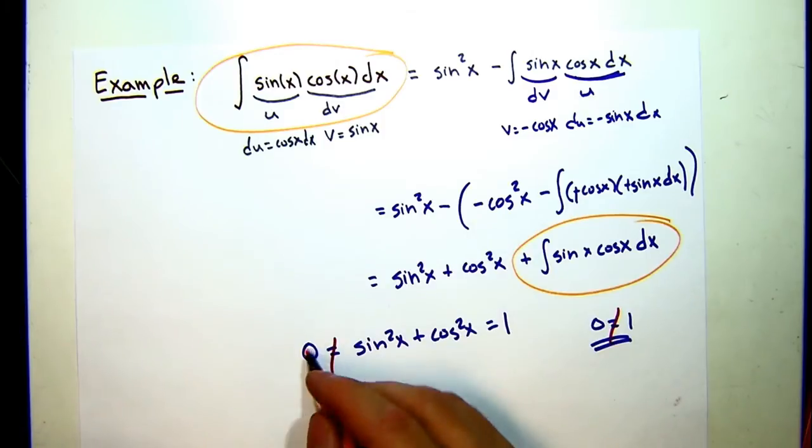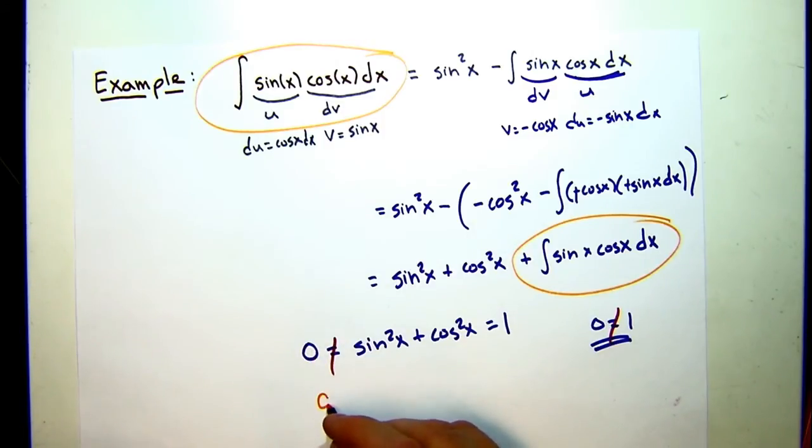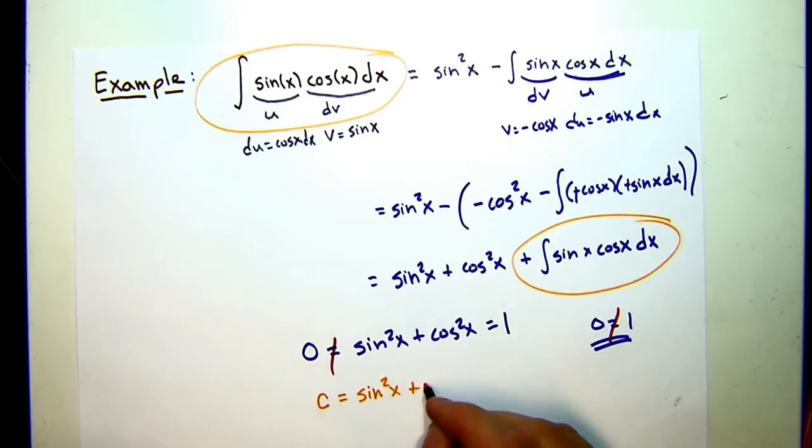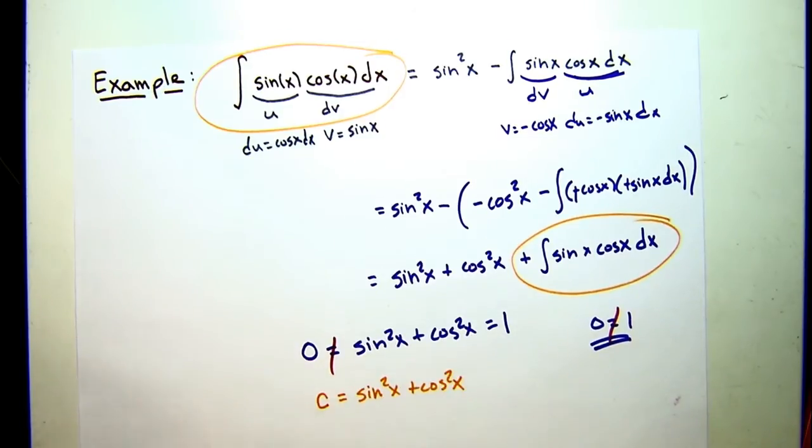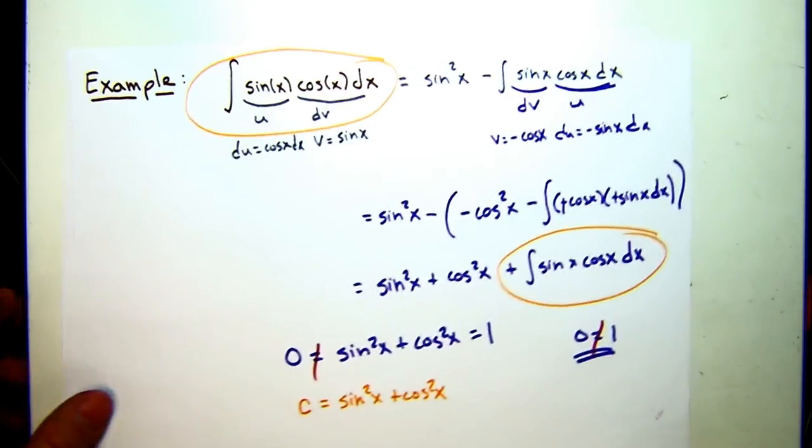What is true is that when you cross these out, you don't get 0, you get some constant. So we can conclude that sine squared plus cosine squared is equal to a constant, and that is true. So this is a little side note, something that you can stump your friends with and ask, where did we make our mistake?